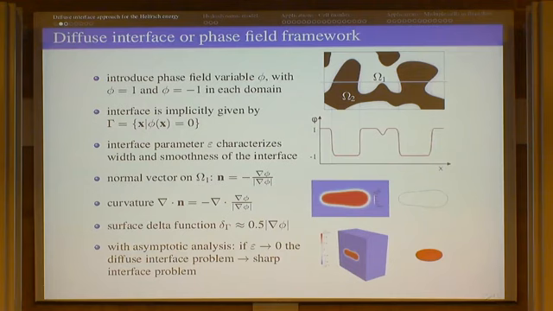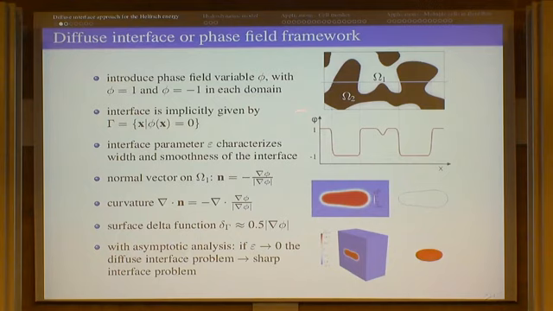And we introduce a phase field variable phi, which labels each domain with 1 inside and -1 outside, and between these domains we have a diffuse interface. So this is why phase field models are often called diffuse interface models.